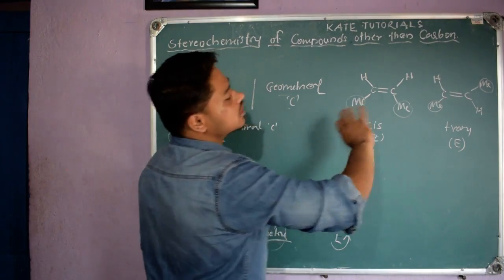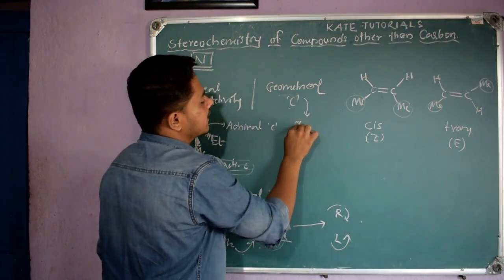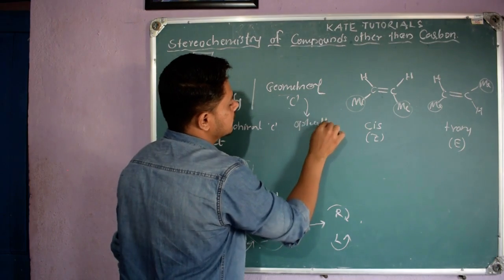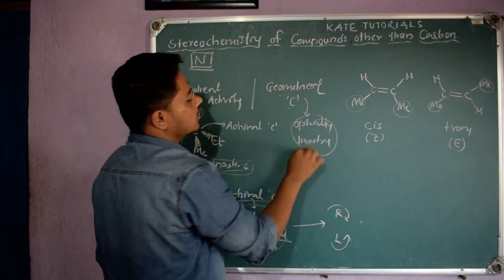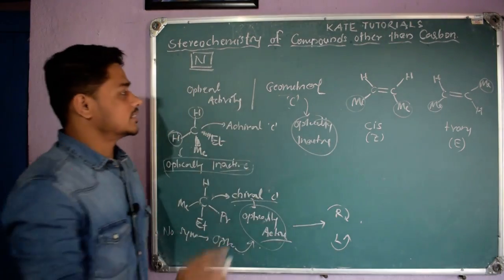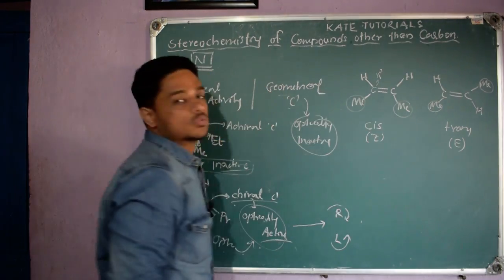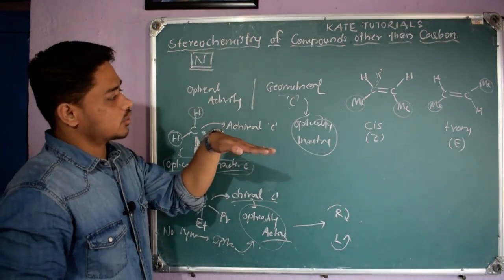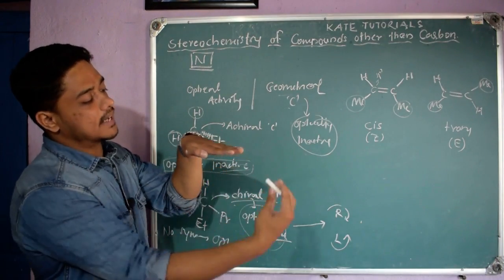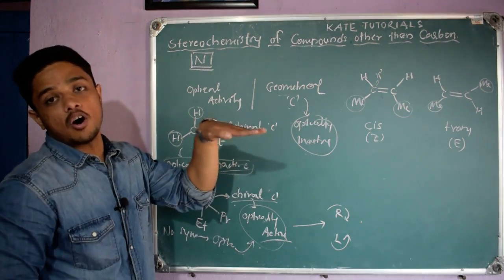So these are geometrical isomers, and these geometrical isomers are optically inactive. This thing you should remember. Why is it optically inactive? The reason is, see, this is sp2, this is also sp2. So all these are in the same plane, right? So here I have methyl, here I have methyl, here I have hydrogen, here I have hydrogen, and C double bond C. All are in a single plane.